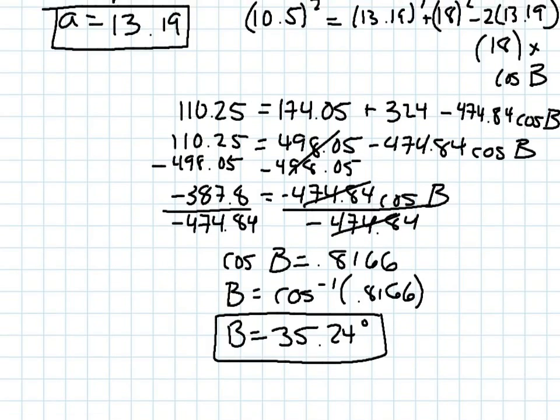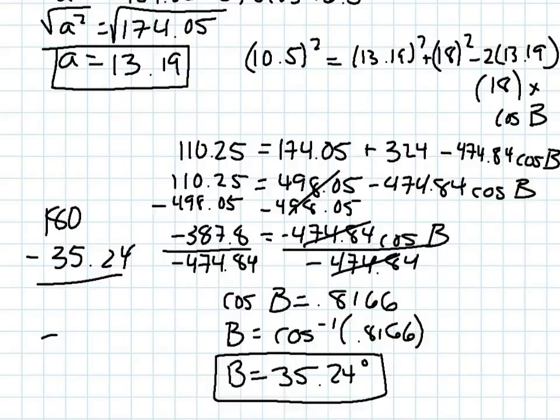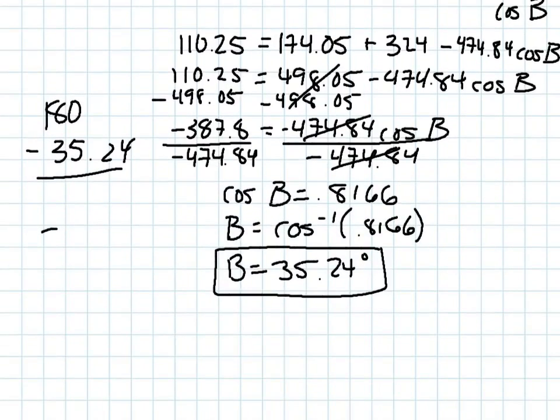So now I have two angles, so now I just need to take 180 minus 35.24 and then minus the 46.5 that I started with.